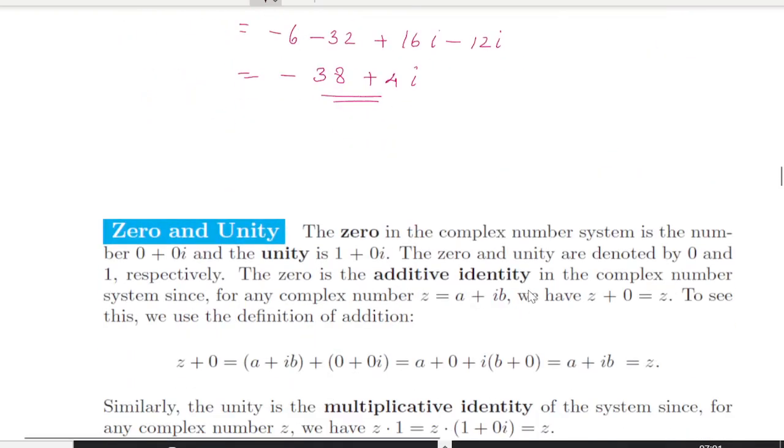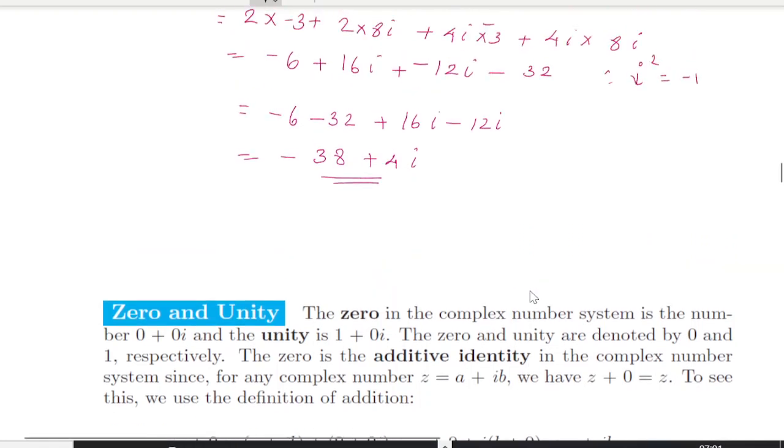Now zeros and unity in the set of complex numbers. So we can write 0 of a complex number as 0 plus 0i. So when you have a complex number a plus ib plus this 0 plus 0i, as we said, we add it coordinate wise.